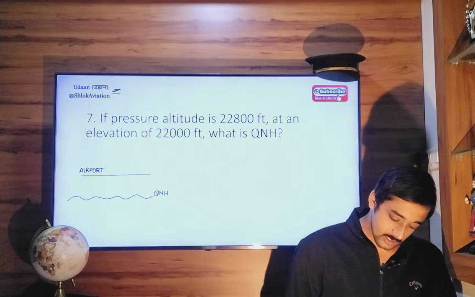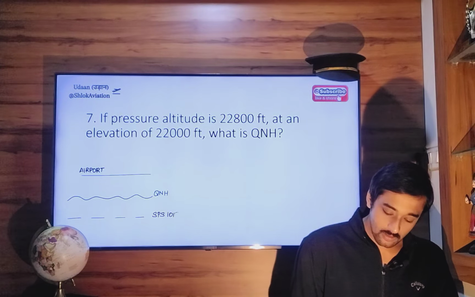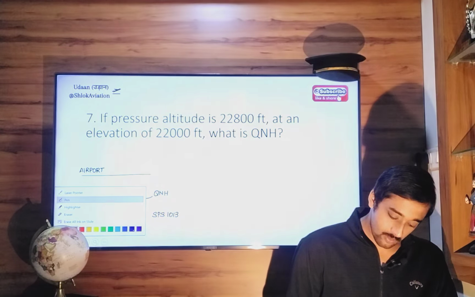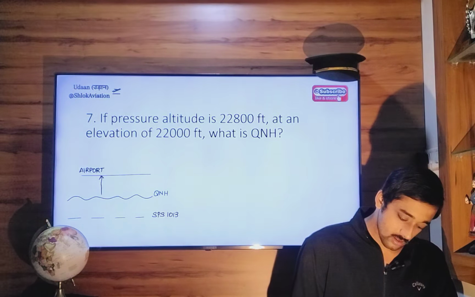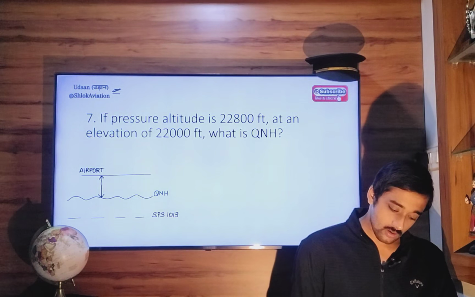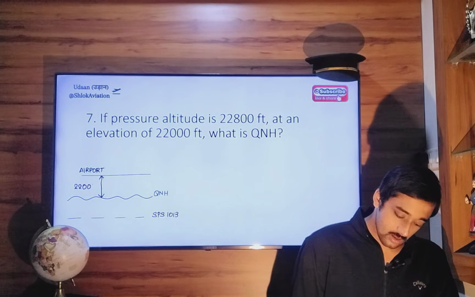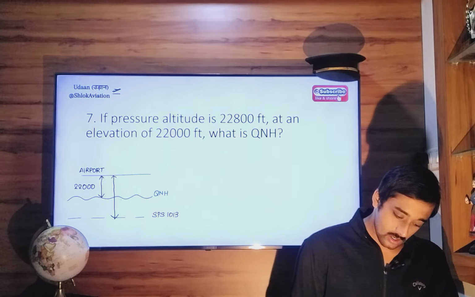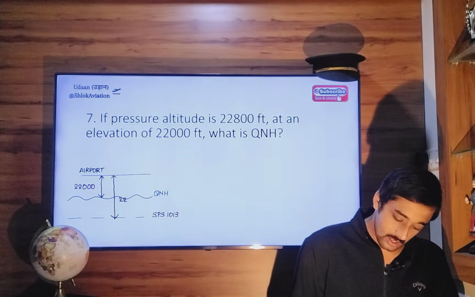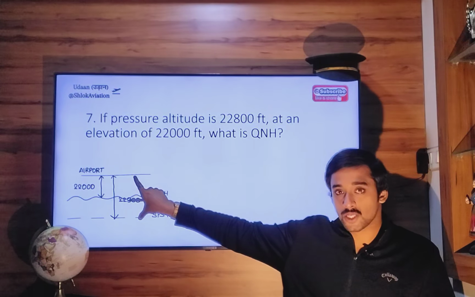This is your standard pressure setting 1013. Elevation of this airport is 22,000. Pressure altitude of this airport is 22,800, right? So this is 22,800.